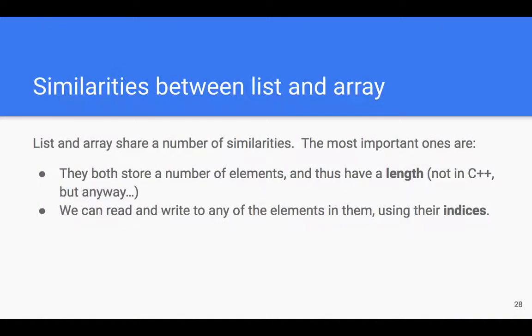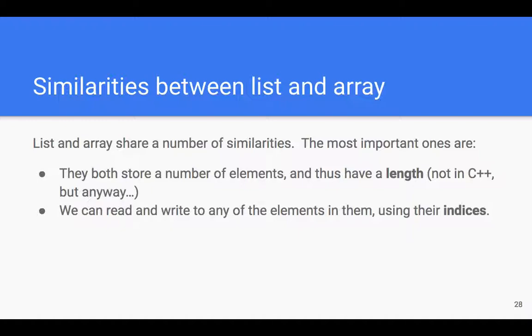Now, list and array really share lots of similarities. The most important one is that because it represents a number of things, you always know how many things are in either a list or an array. Now the length is not built into C++, but that's not important.